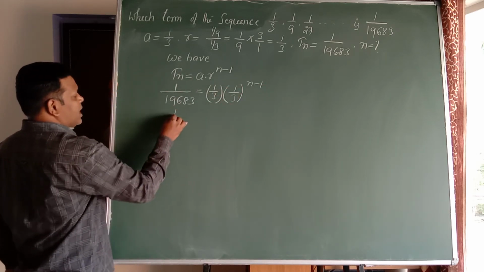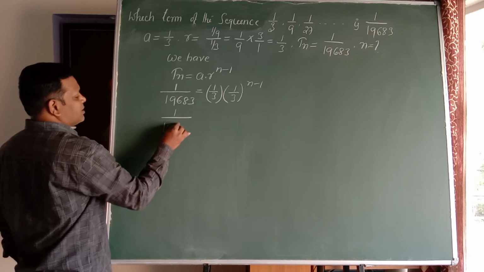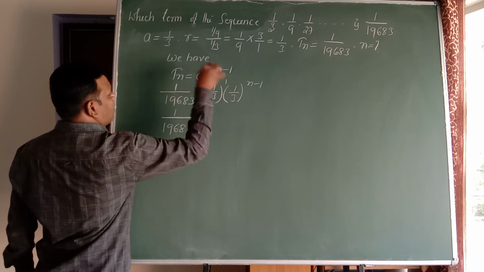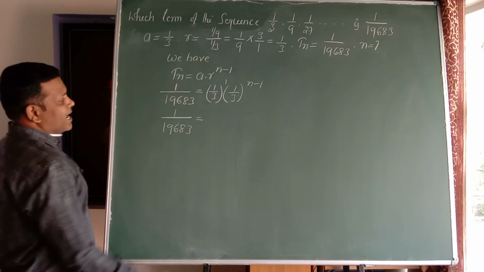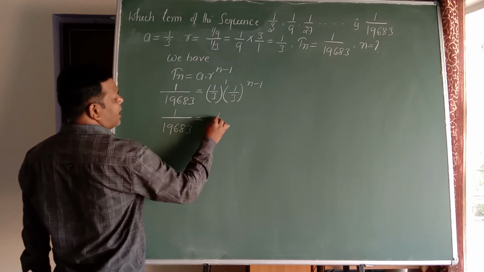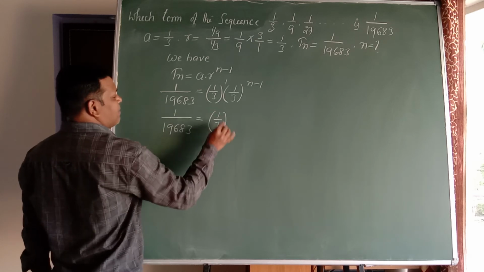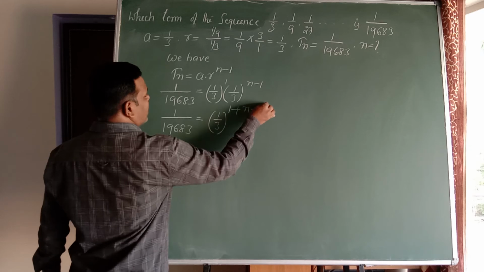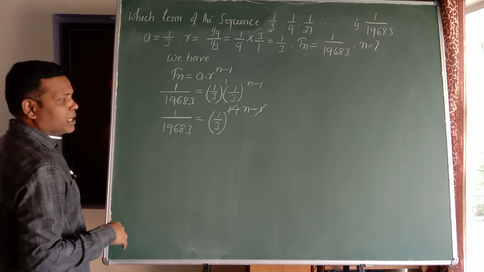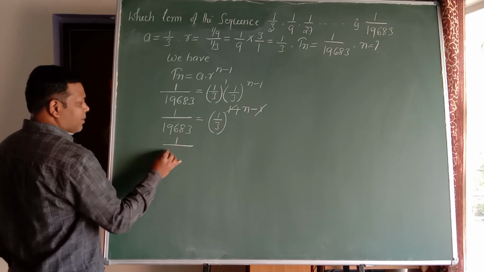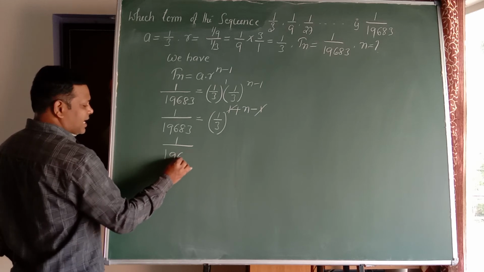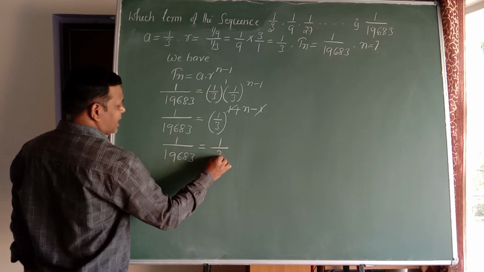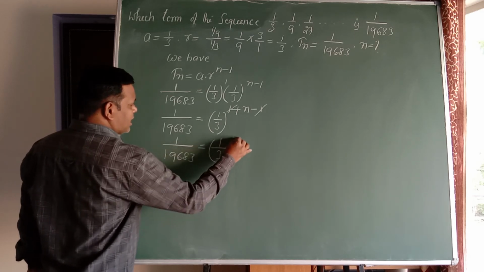Now look here, for 1 by 3 the power is 1. When bases are the same, powers can be added. That is equal to 1 by 3 power 1 plus n minus 1. These two get cancelled. So the remaining is 1 divided by 19683 is equal to 1 divided by 3 whole power n.